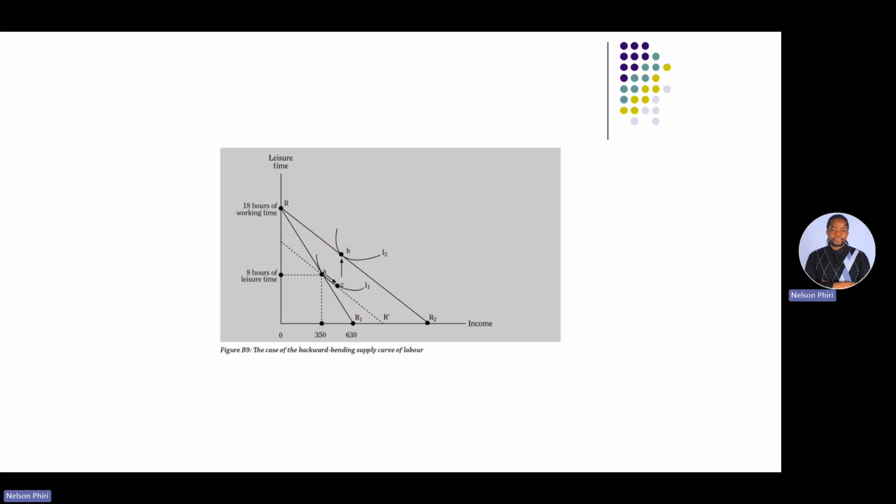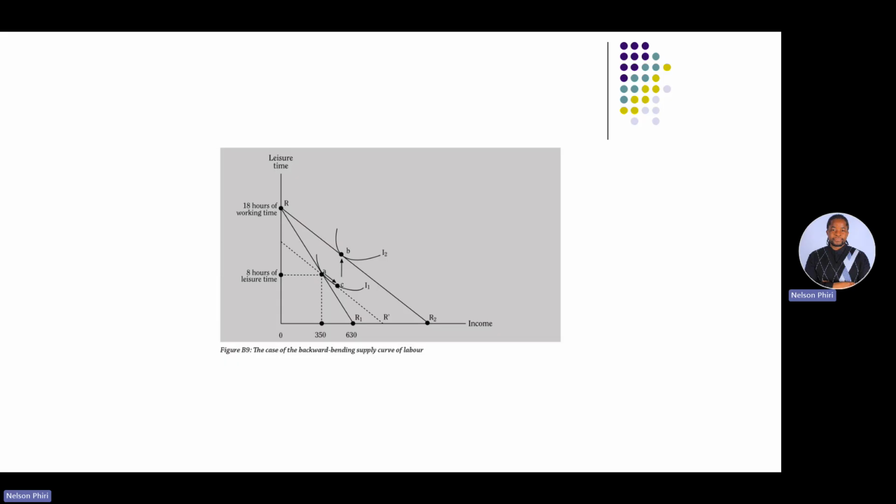However, the person maximizes their utility where their income line is tangent to the indifference curve. So it is tangent at point A. At point A, as you can see there, the amount being earned by the person is 350.